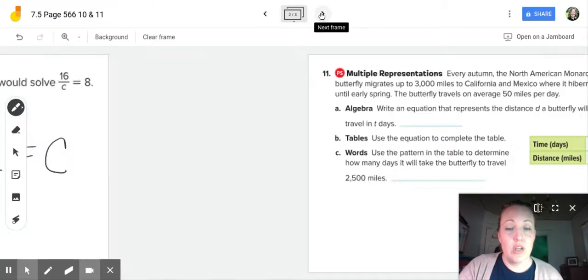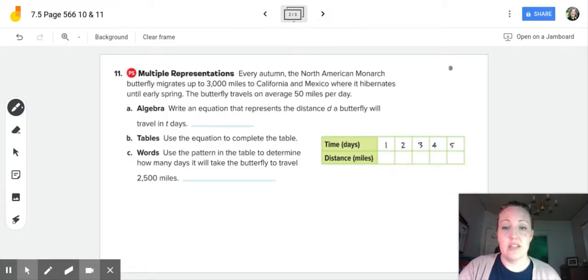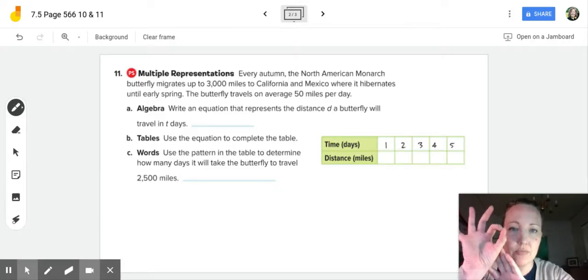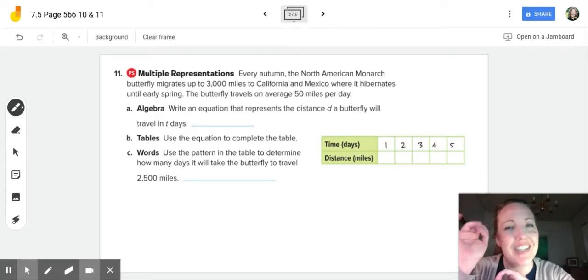Okay, so let's look at this question. This is about monarch butterflies, which I love. By the way, I ordered a chrysalis. Well, I think that's only butterflies. It's the egg part for a praying mantis. I don't know what it's called. Maybe you can tell me.